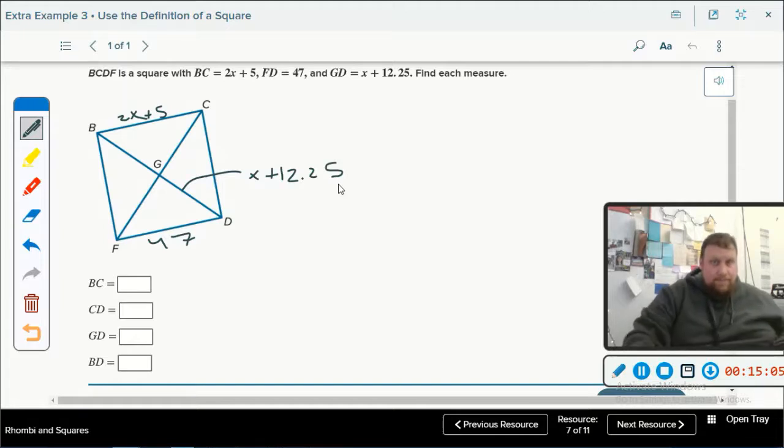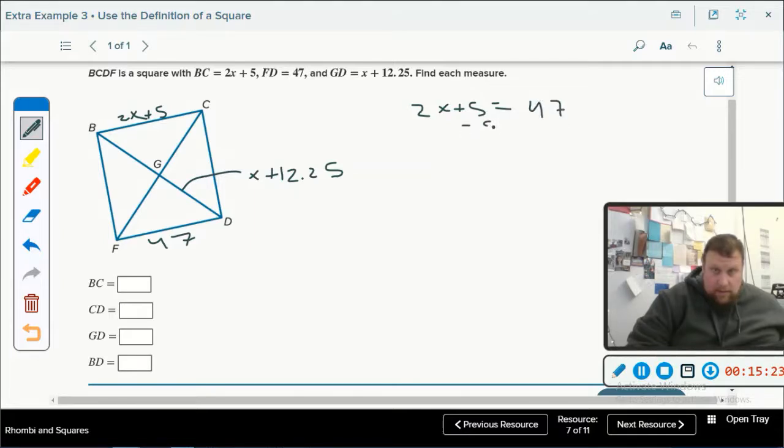Okay, then. Well, let's do this. BC, I know that's going to equal FD, which is 47, so 2x plus 5 equals 47. Minus 5 from both sides becomes 42. 2x equals 42, or x equals 21.